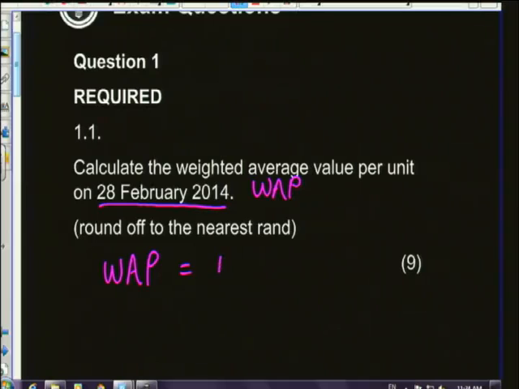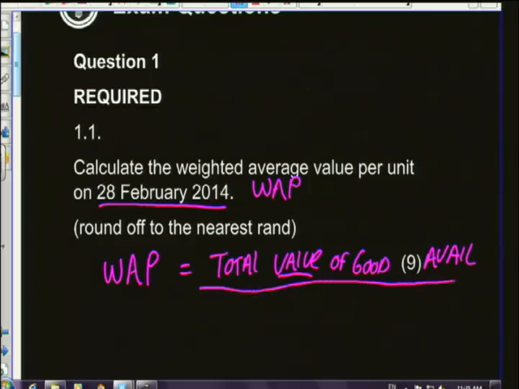I need to first calculate my total value, and I'm going to underline the word value, total value of goods available. Let's just write that here. Okay, so I'm going to start by calculating my total value of goods available. This then will be divided by number of units that I have available.